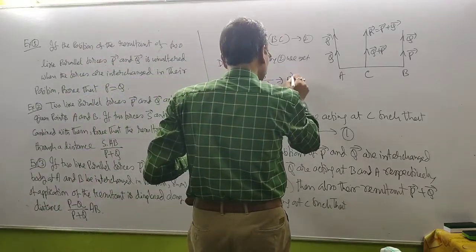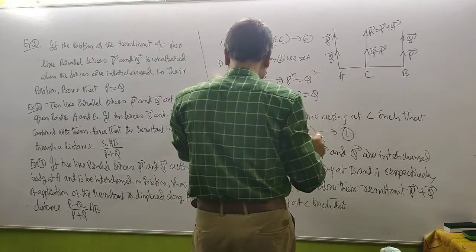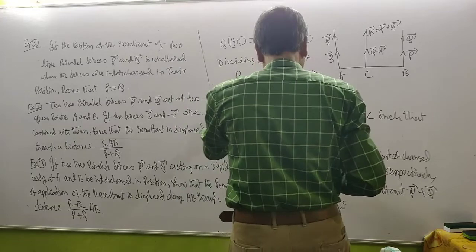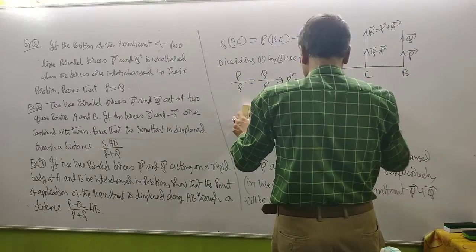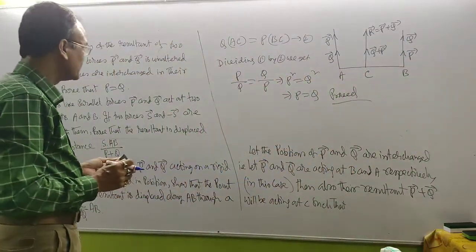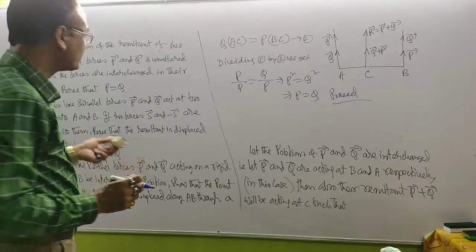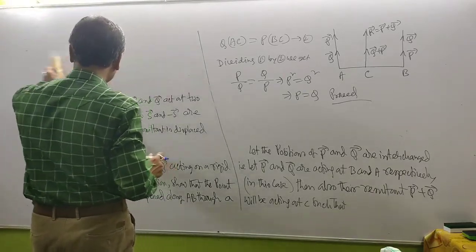This means P square is equal to Q square. This means P equal to Q. P equal to Q proved. Therefore, we have proved number 1. It is very easy.